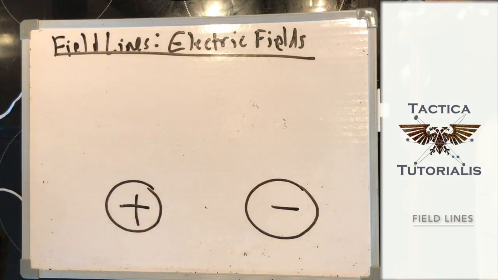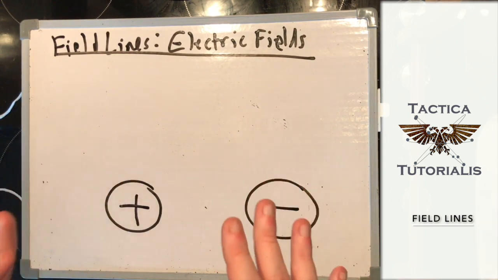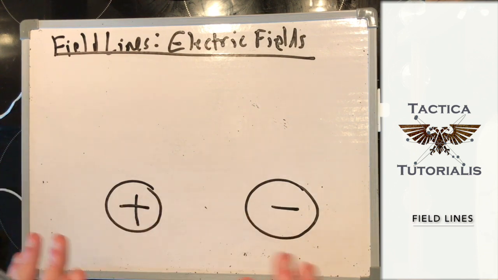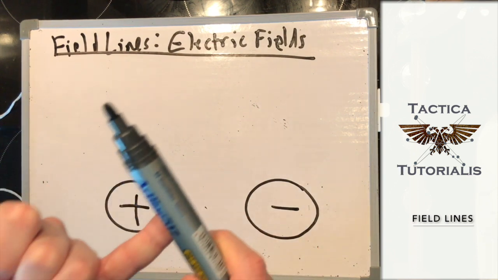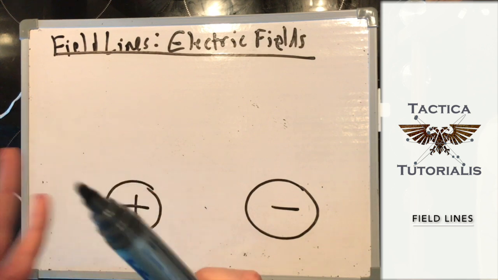Okay, now we need to look at how we draw electric field lines and what that tells us about, well, everything really. So, electric field lines are drawn based on usually point charges. Now, I'm not going to talk here about capacitors, parallel plates, or anything like that.